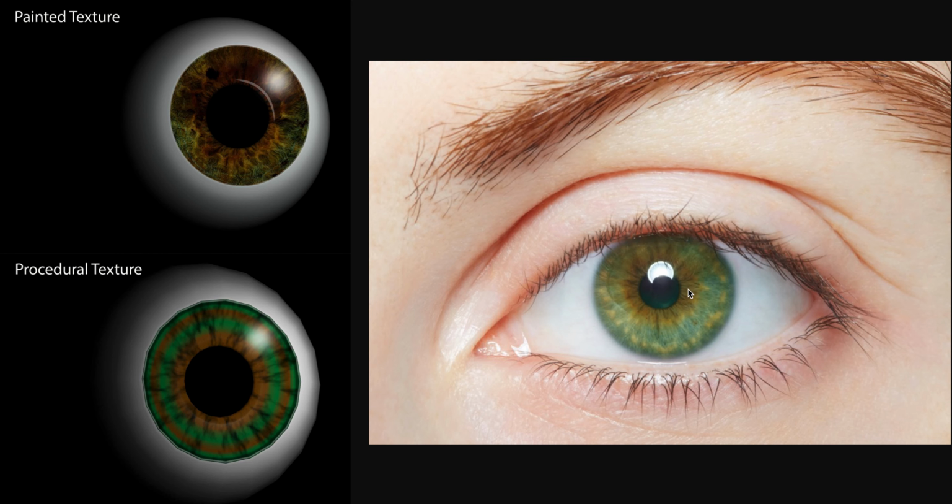For example, I know this is probably not the exact texture that you're putting on here. If it is, let me know. But we're seeing, for example, the scale of the iris and the color associated with it is very different from what I'm seeing in your painted texture.